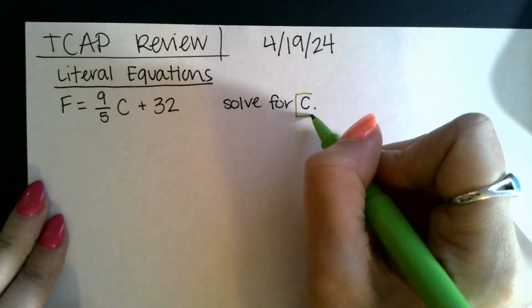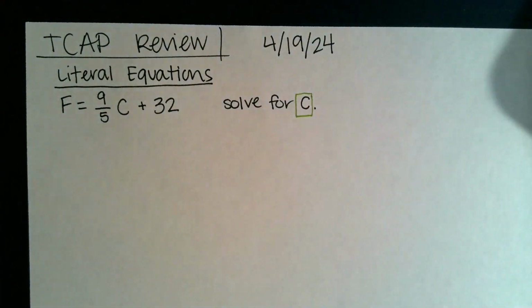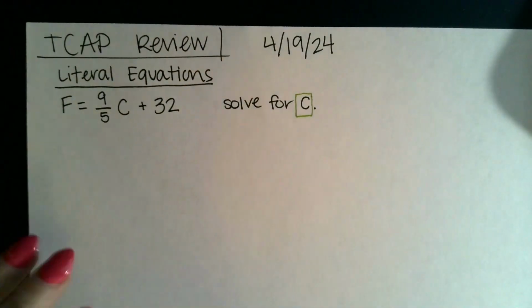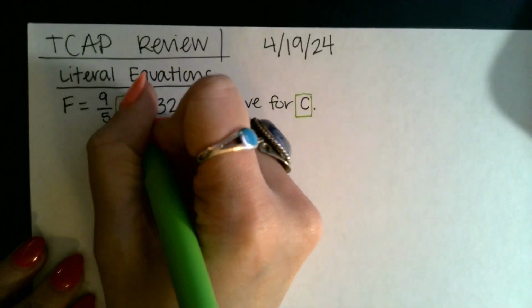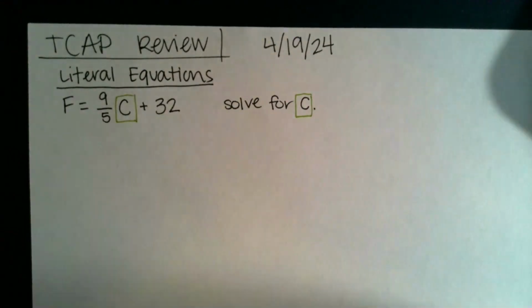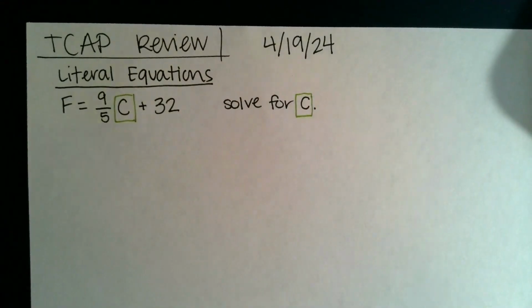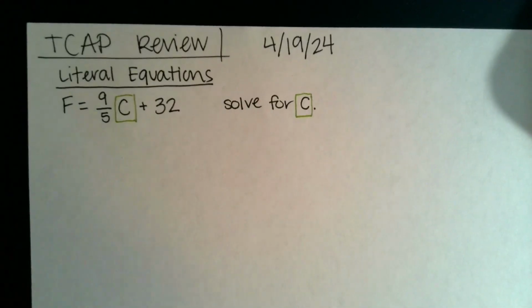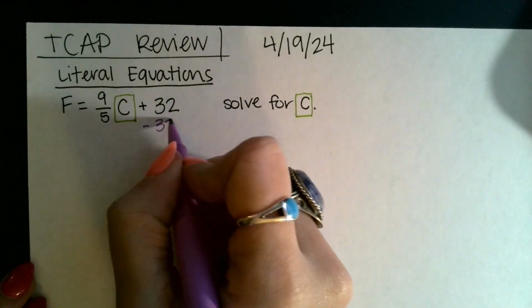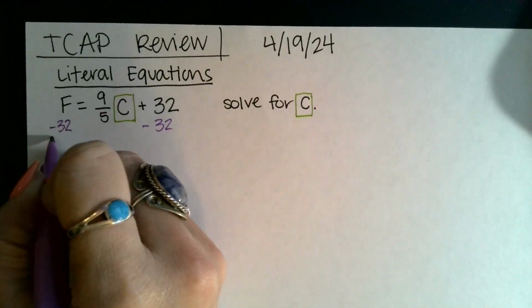When we learned this, we highlighted the variable that we wanted to isolate and then moved everything away from it. So, for this one, we're trying to get stuff away from C. We're going to subtract 32 from both sides.